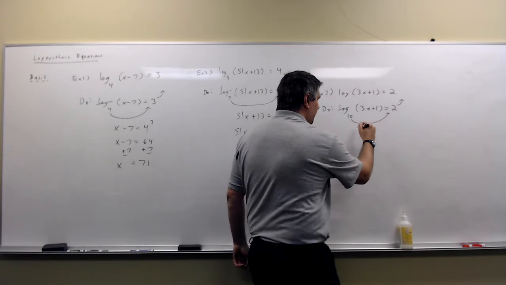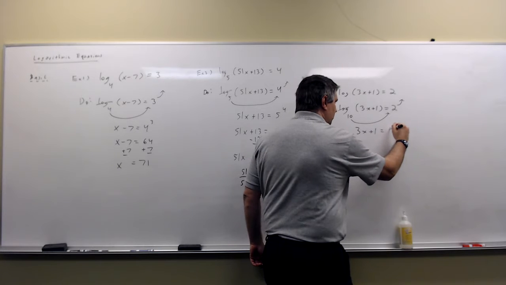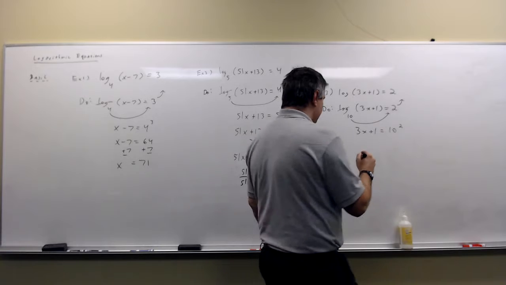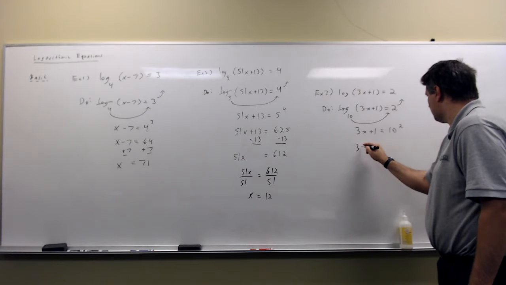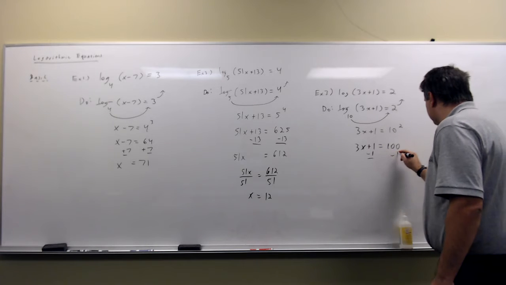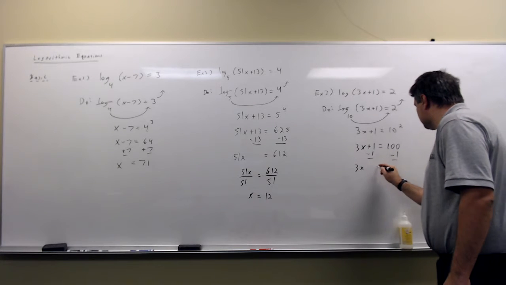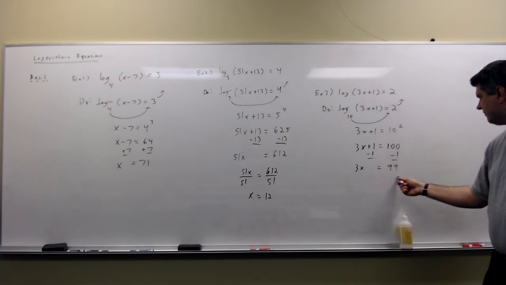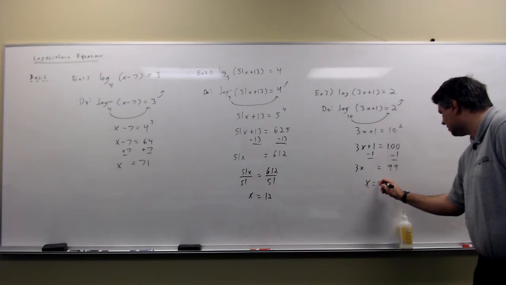So now I have 3x plus 1 equals 10 squared, which is 100. Subtract the 1. 3x is 99. Divide off the 3, x is 33.